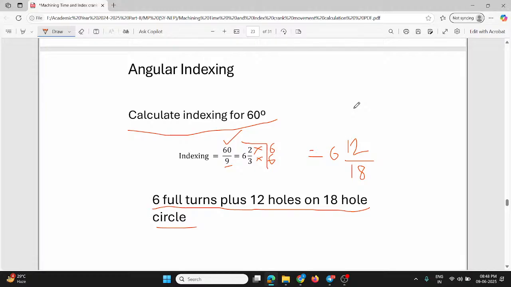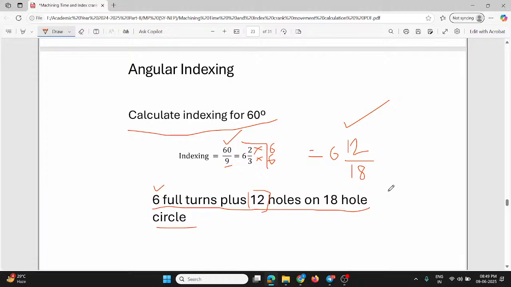For that particular purpose, those whole circles must be available on the index plate, and here we have multiplied the numerator and the denominator by 6. So 6 is to 2 by 3 can be written as 6 is to 12 by 18, that is nothing but 6 full turns plus 12 holes, you have to move 12 holes in the 18 hole circle.